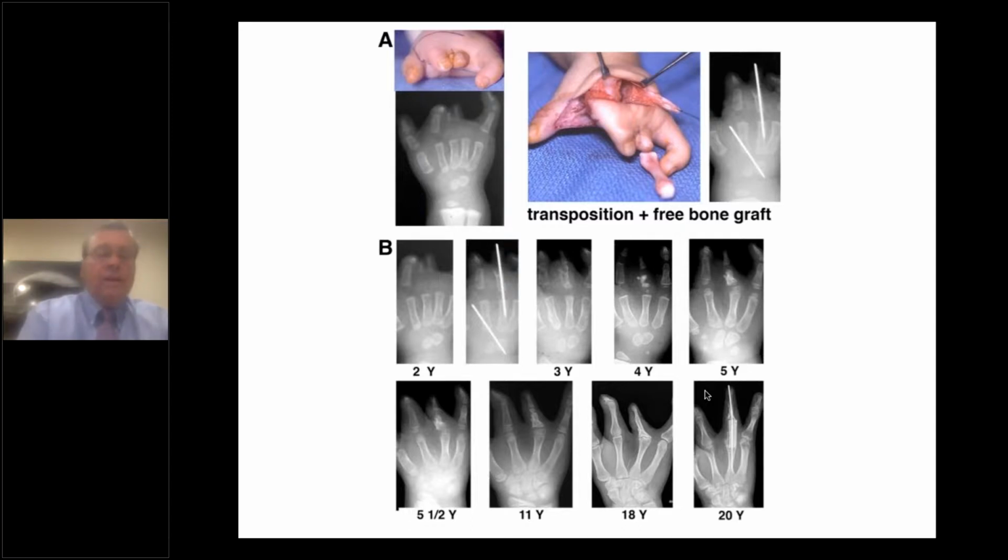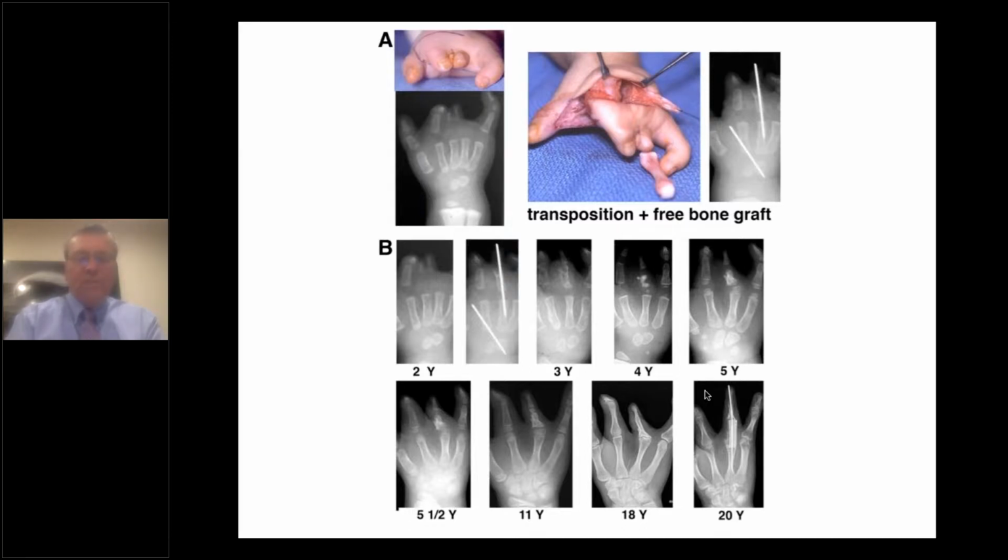Another unusual case of a digital reconstruction is this kid with symbrachydactyly. This is pretty confusing, but in A, you see the original appearance. In the middle, what we did was we transposed the index into the long position, and we took the entire long metacarpal out. So we didn't have to do any stump fixation, we just moved it right over. Then on B, we put the metacarpal just in the soft tissue in the proximal phalangeal position, and you can see what happened to that.